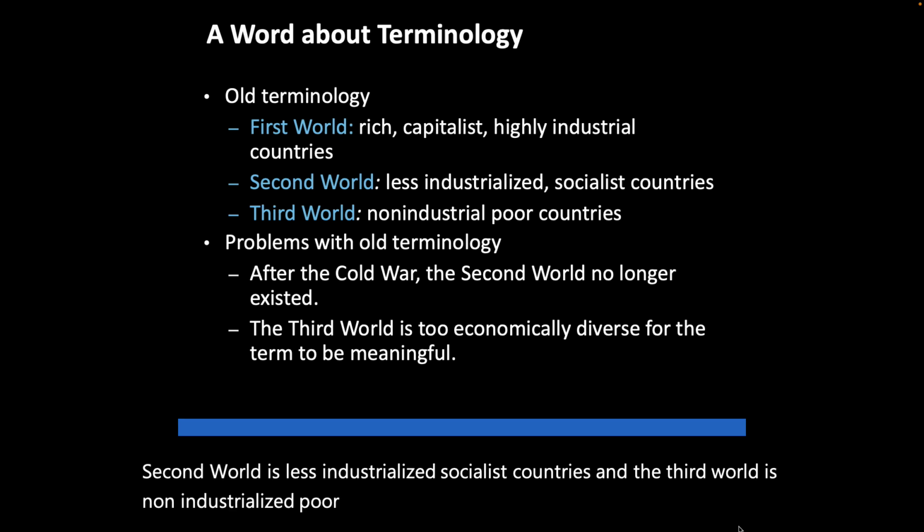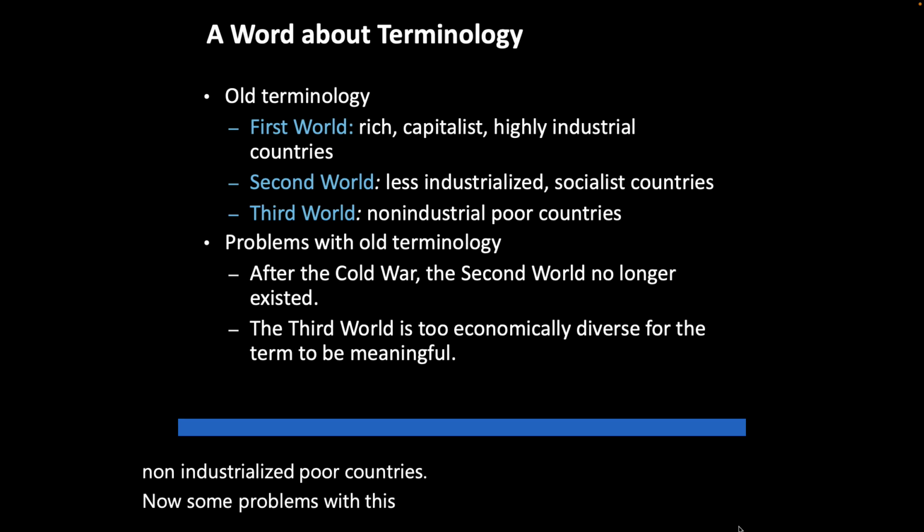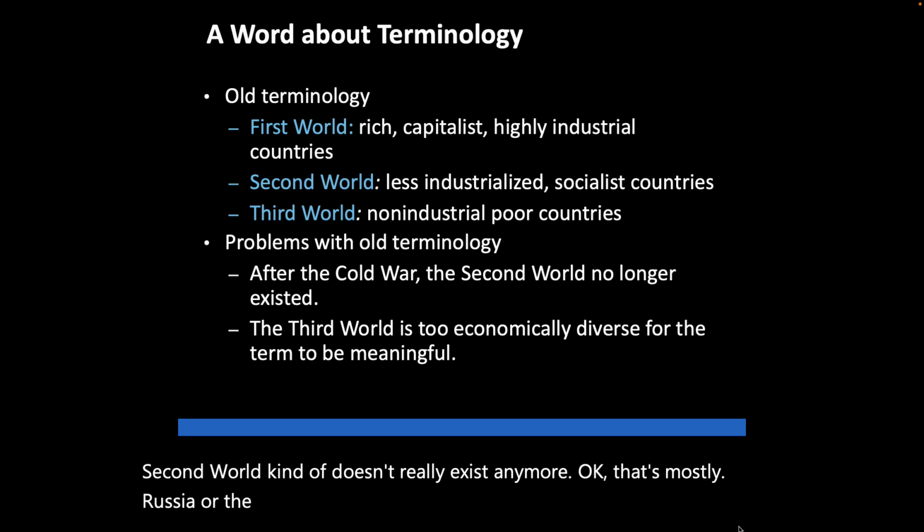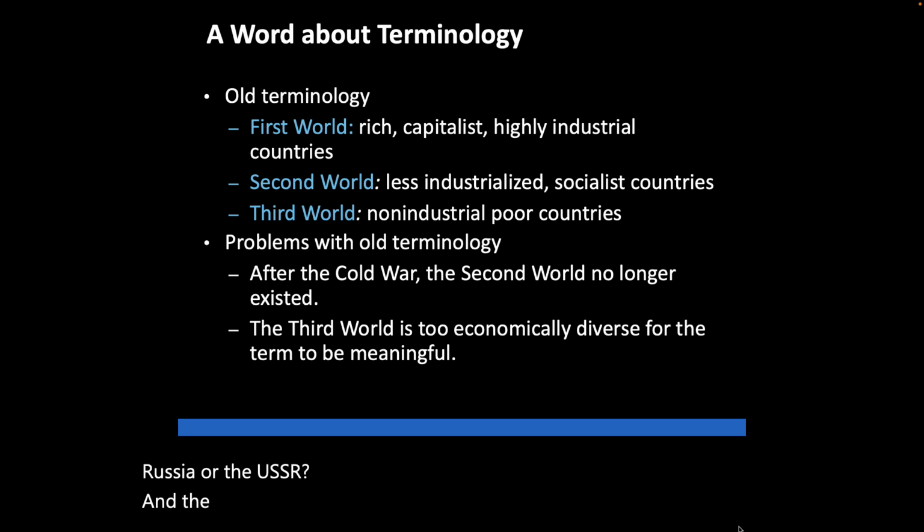Some problems with this: post-Cold War, the second world doesn't really exist anymore, that's mostly Russia or the USSR. And the third world is too economically diverse for that to be a meaningful term.